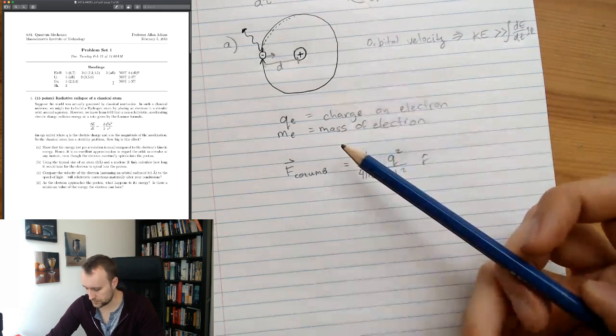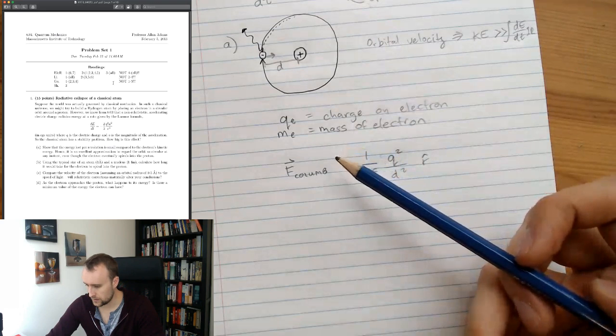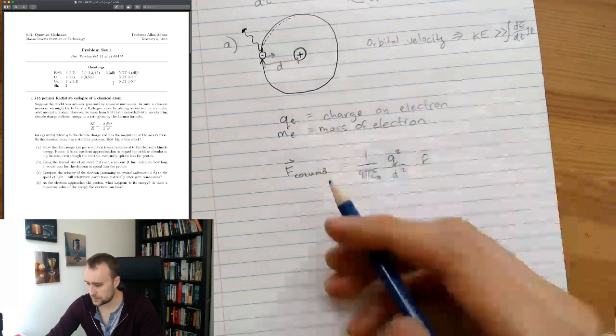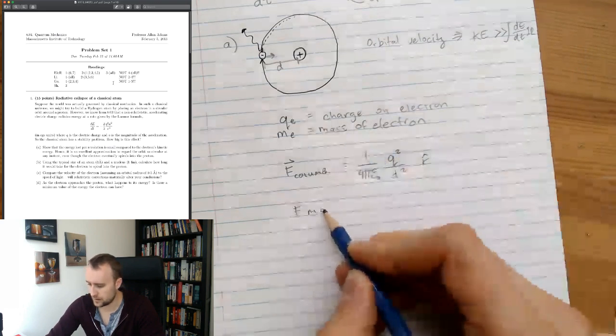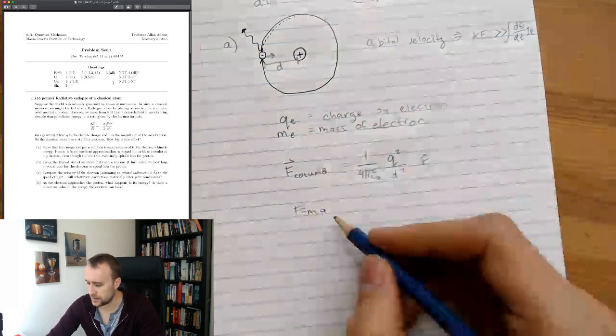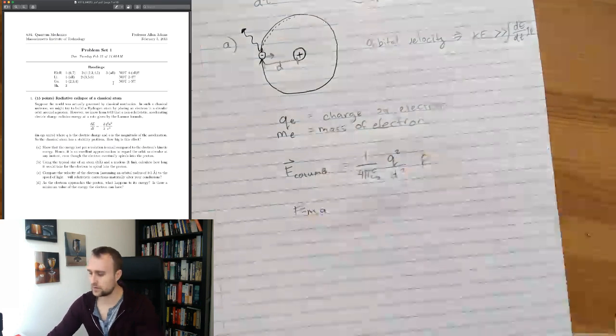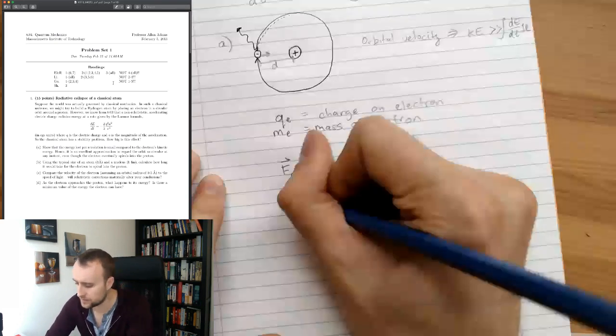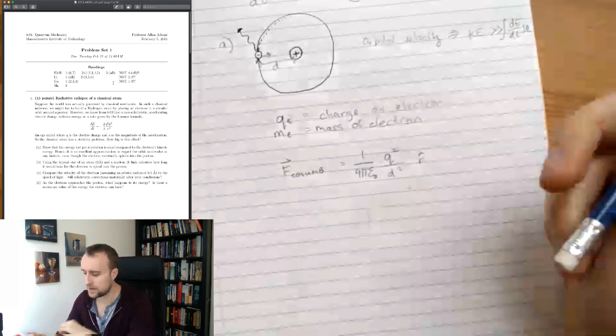This is the force. Now, we know from F equals ma, there's a mass term here. So if we want the acceleration vector, we have to divide out a mass.